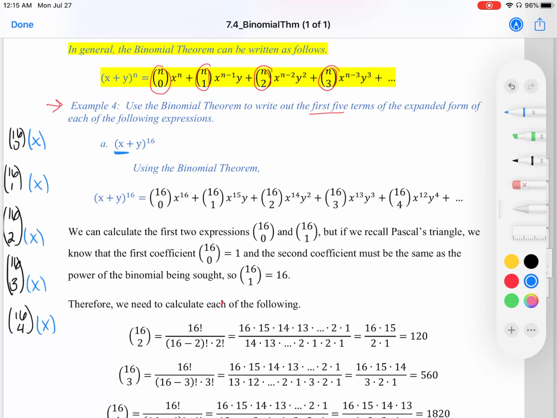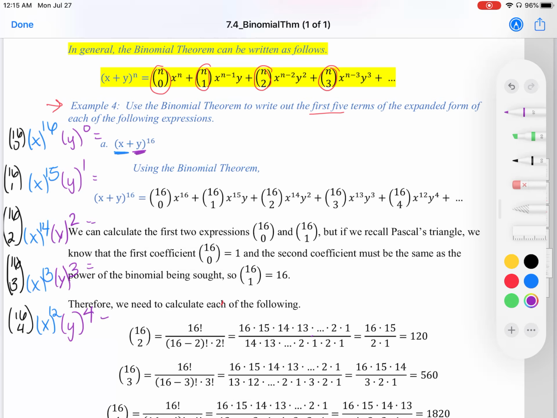It starts at the top and works its way down: 16, 15, 14, 13, 12. Secondly, we have that y. We write our y in parentheses and match it up, starting with 0 and working our way up: 0, 1, 2, 3, 4. All right, and we're done.